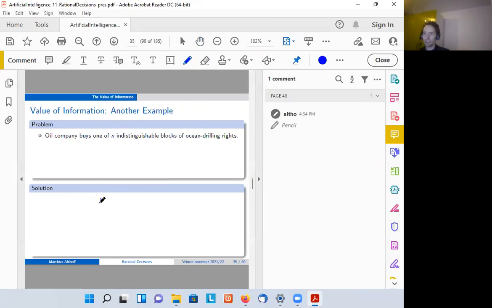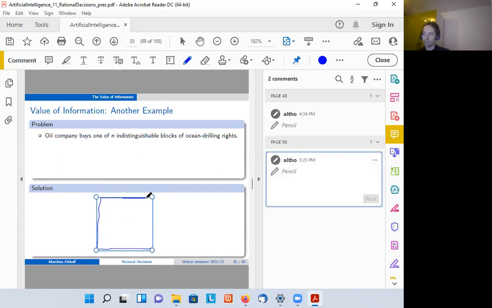So you basically have several squares, and you can buy the drilling rights of a square. It was like this. You have n squares, and only one of them has oil.